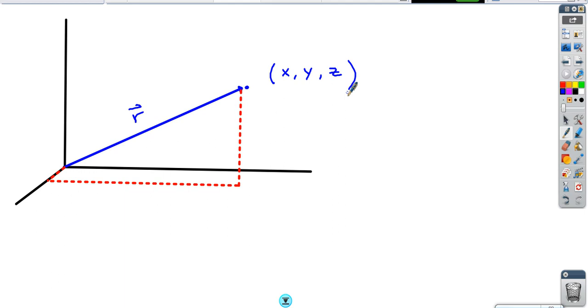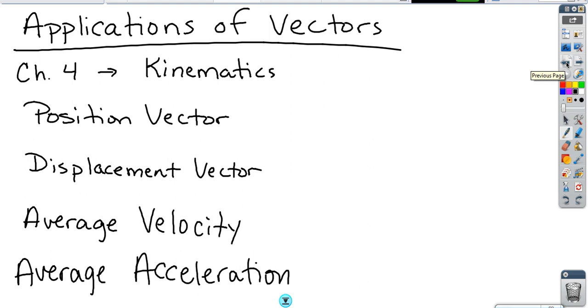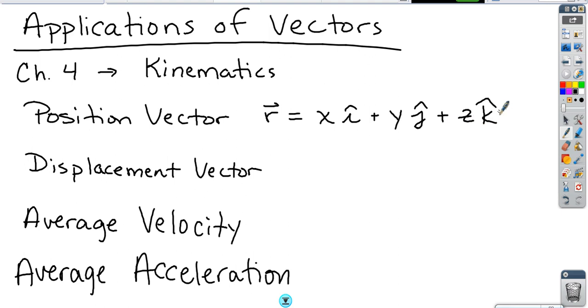So you have to go x over, y up, and z out. So that means if you want to write it in unit vector notation, we could represent this r vector as the coordinate x, i hat, plus the coordinate y, j hat, plus z, k hat.